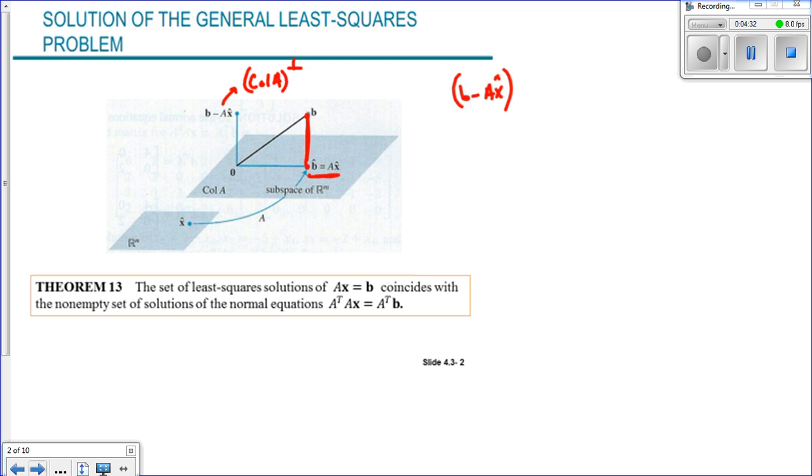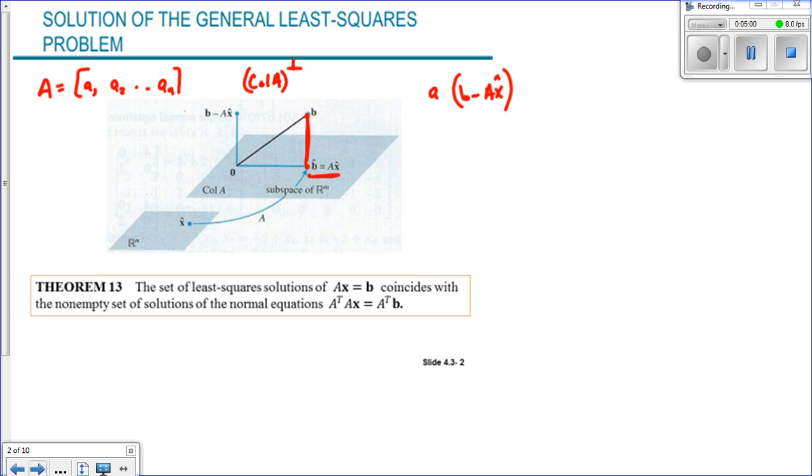If it's in the orthogonal complement, that means if we take each of the vectors in the column space dotted with that vector, some of the things in the column space of A are each of the a's that are the columns. If A is equal to a1, a2 to an, each of the a's is in the column space. They're clearly a linear combination of that set of vectors, just one times each column.